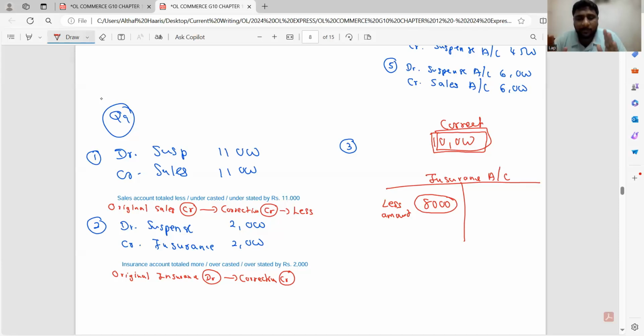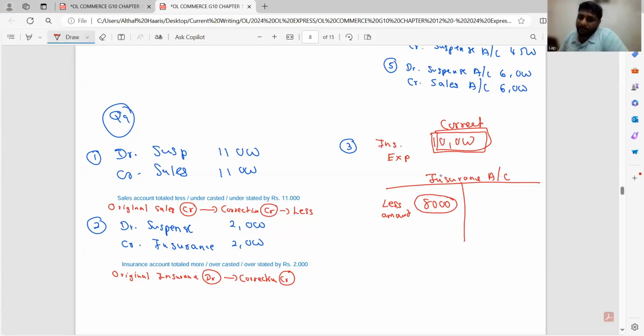So I am telling you, your insurance expense is 10,000. Then if your insurance expense is 10,000, in your insurance account, ideally how much should be there? 10,000.